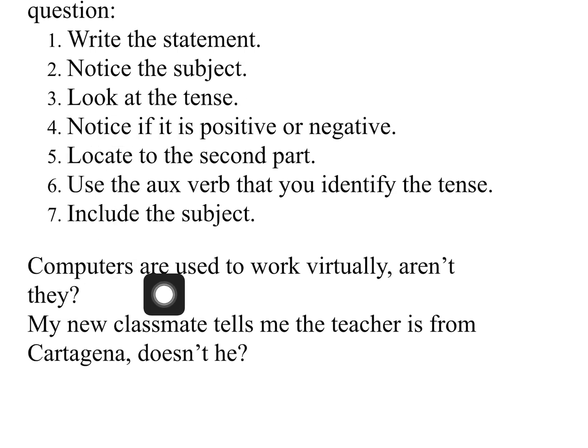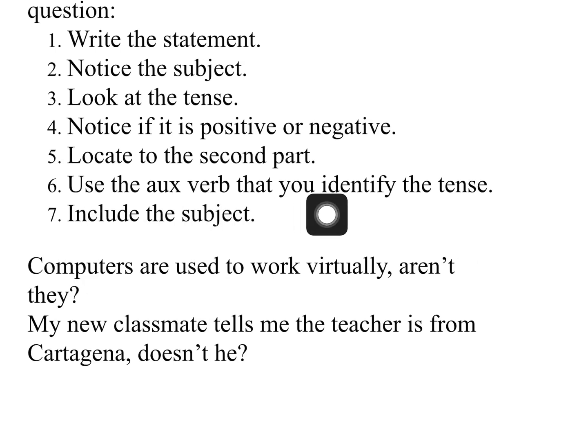Look at the tense. What is the tense? Here is in passive voice, but here we are going to use the auxiliary verb in present. So we are going to use here the verb to be. Then notice if it is positive or negative, then locate it at the second part here, in the opposite way.